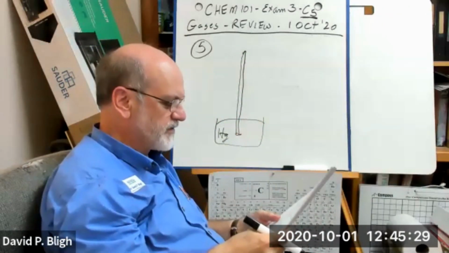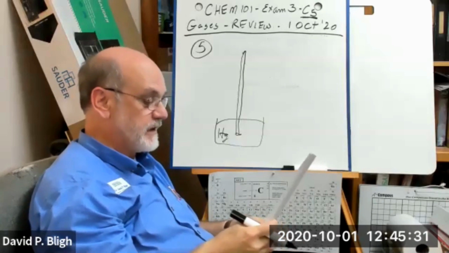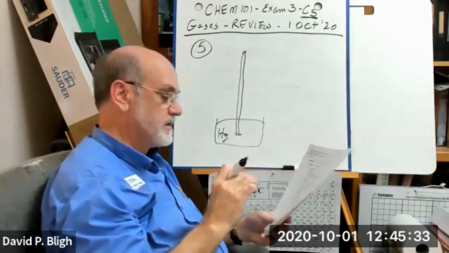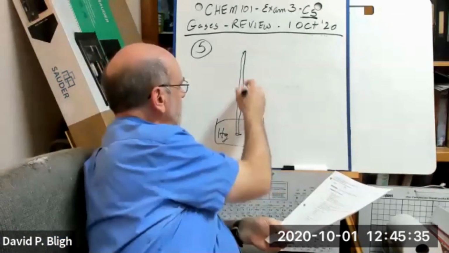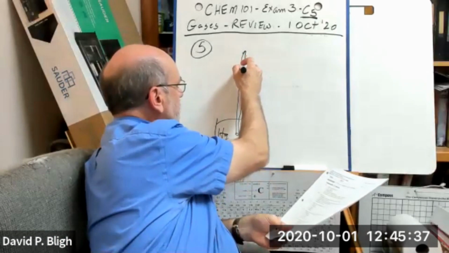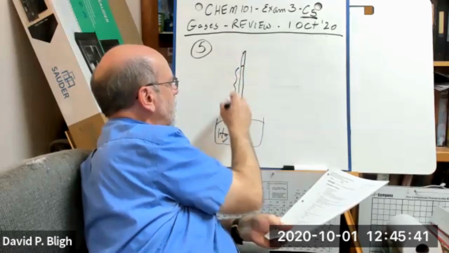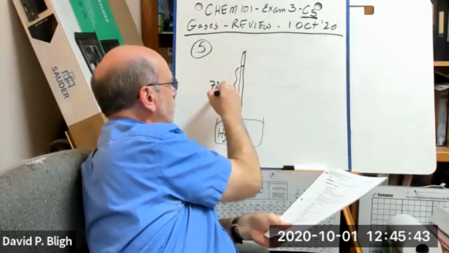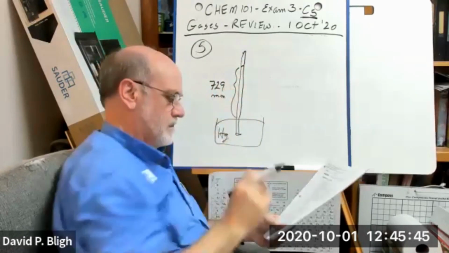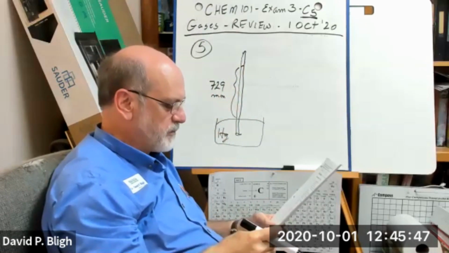The mercury column stabilizes at a height of 729 millimeters above the pool. So the distance here is 729 millimeters. What's the pressure of the atmosphere?